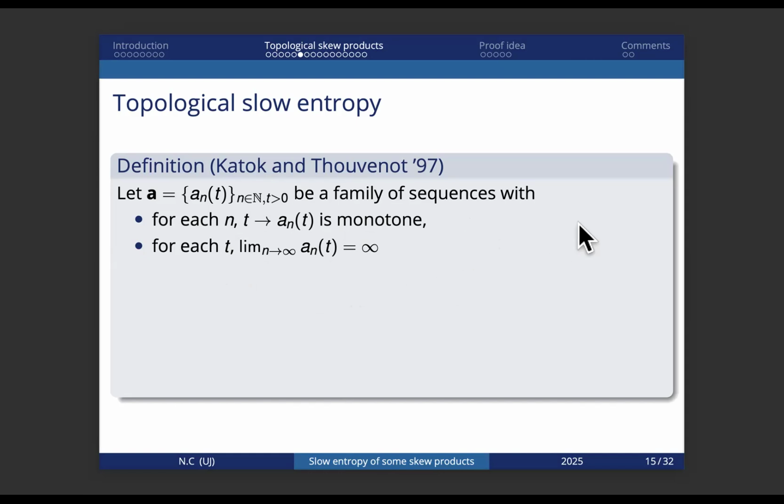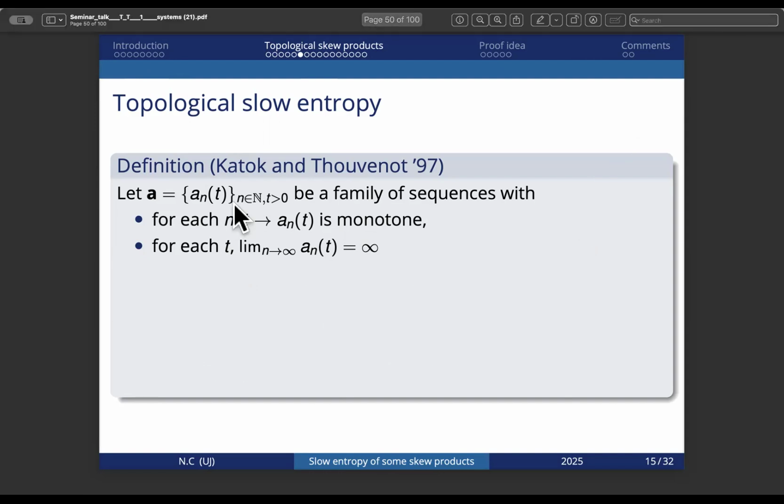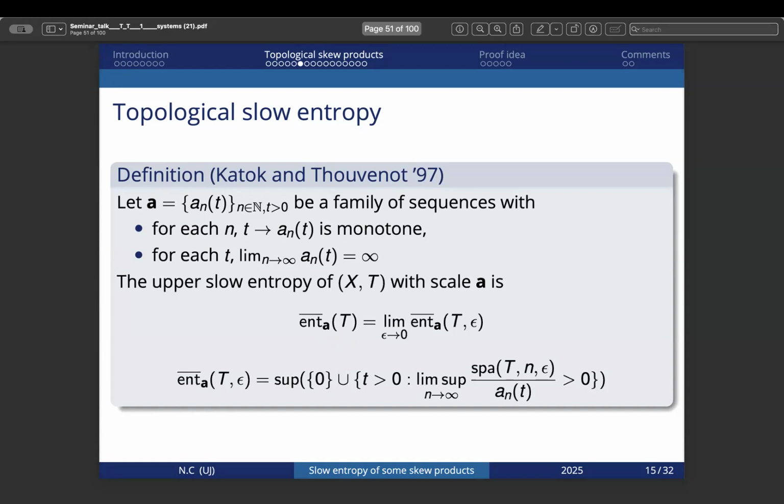That's all we need. So maybe in other words, this is a sequence of monotone real functions, depending on if we fix n or if we fix t. This choice, we call it a scale, and then we compute the slow entropy of something with scale A. So for each family of sequences, we have a new invariant. This is a family of invariants.